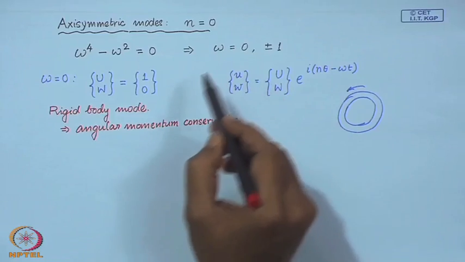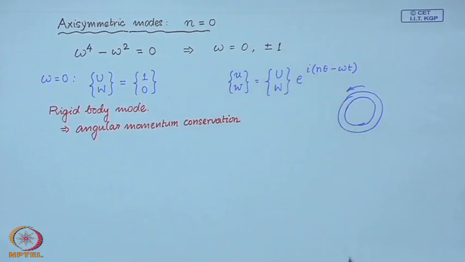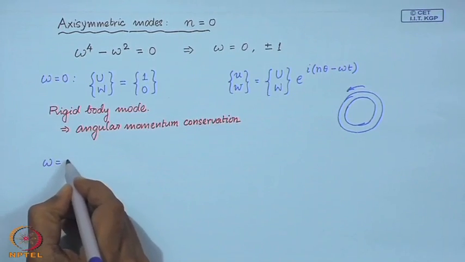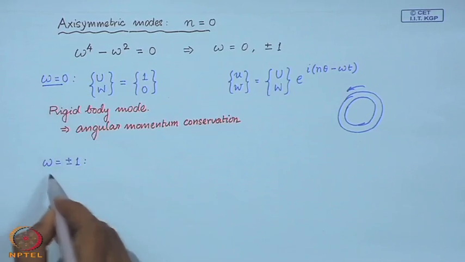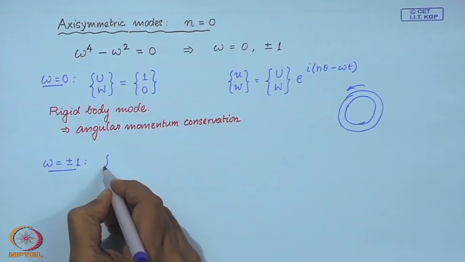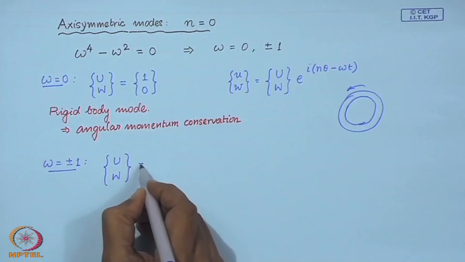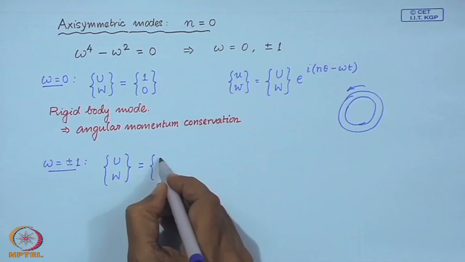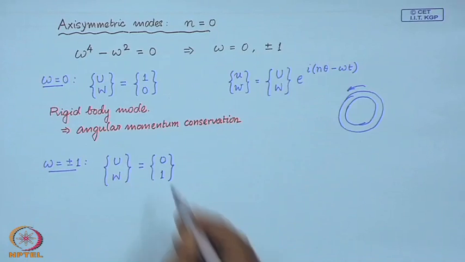So, next let us look at the other solution, which is omega equal to plus or minus 1. In this case, if you solve for the eigenvector, that turns out to be 0 and 1.